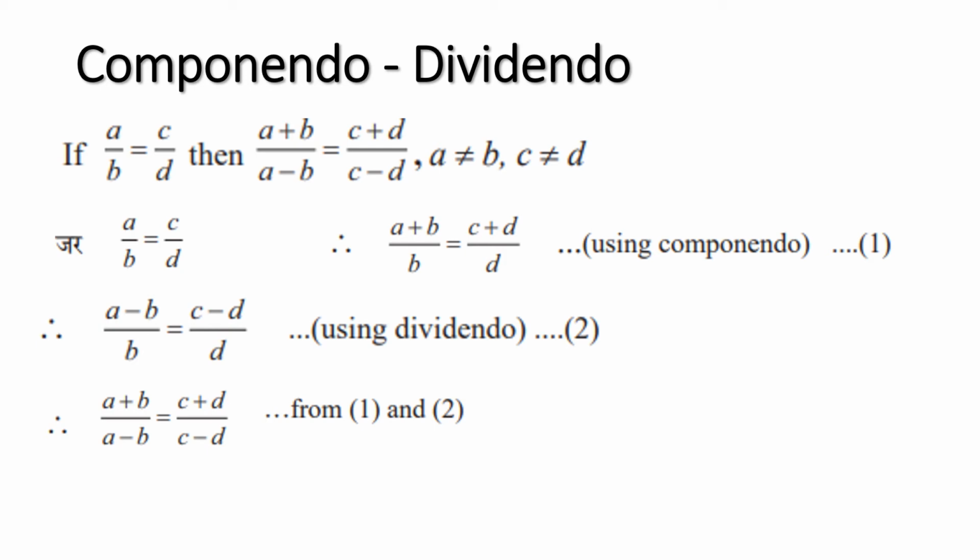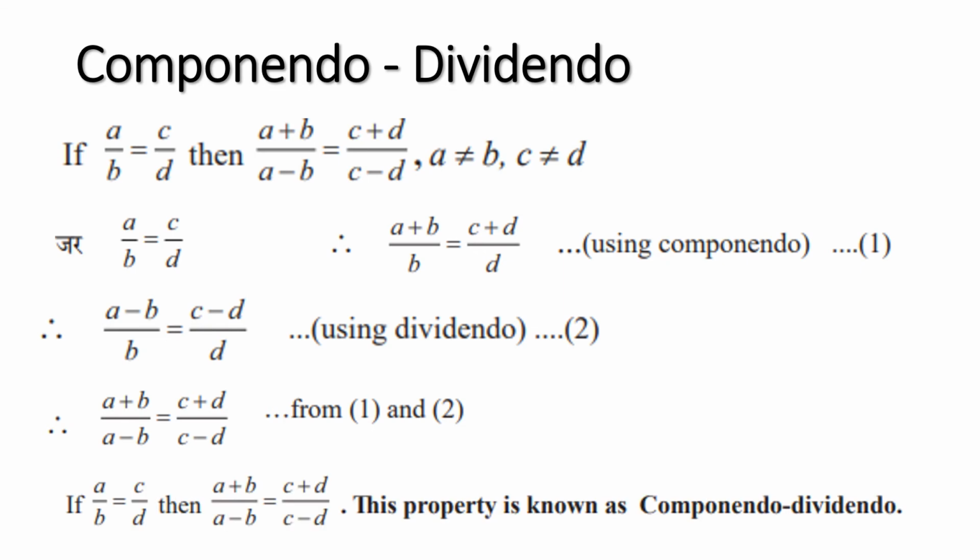Now from 1 and 2, we will get (a + b)/(a − b) = (c + d)/(c − d). This property is known as componendo dividendo.